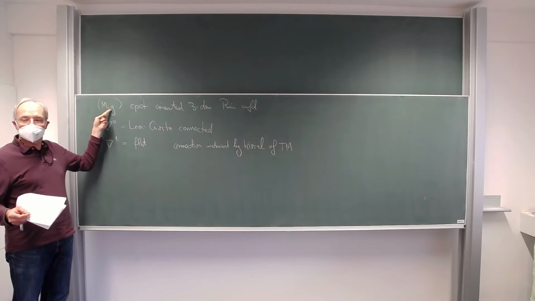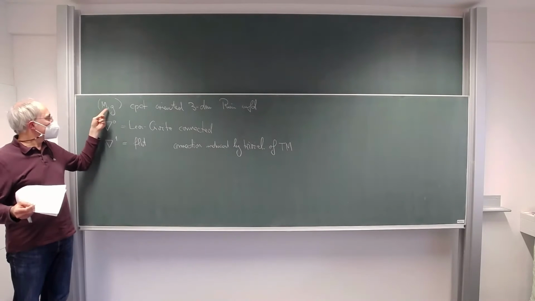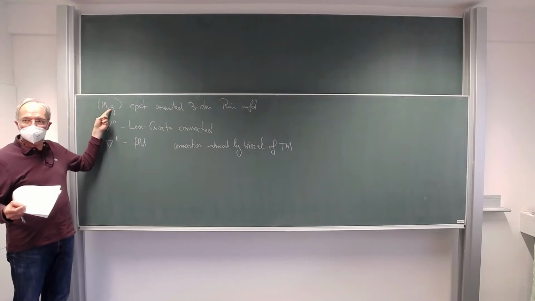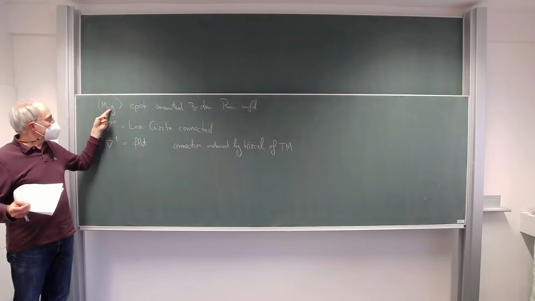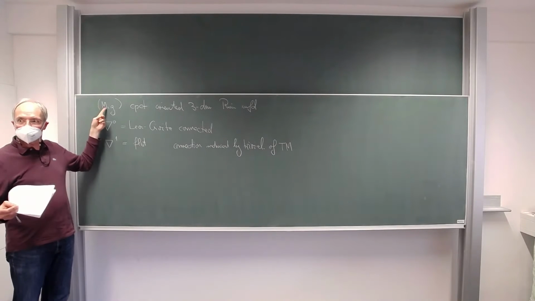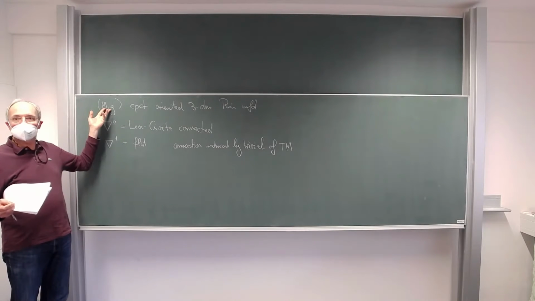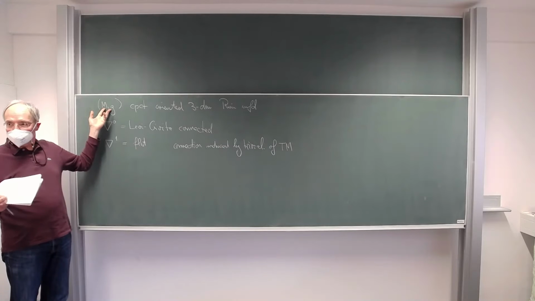And then, since I have a metric, I can apply the Gram-Schmidt procedure to this frame field, which at each point is a basis, and therefore obtain an orthonormal positively oriented frame field. And I want to take the trivialization induced by such a frame field. This means I can trivialize the tangent bundle as a Riemannian vector bundle, not just as a vector bundle.